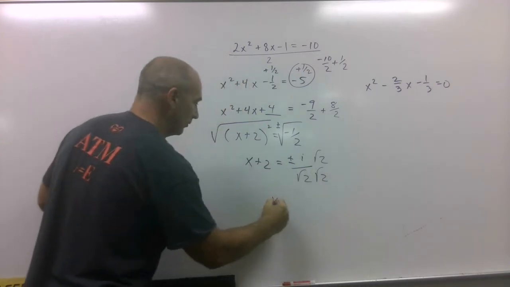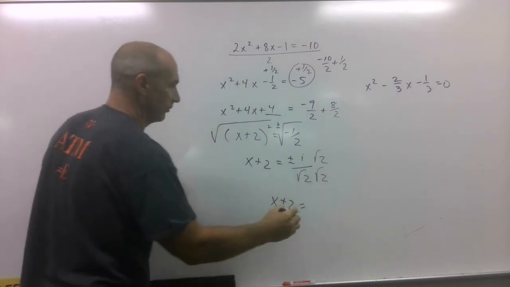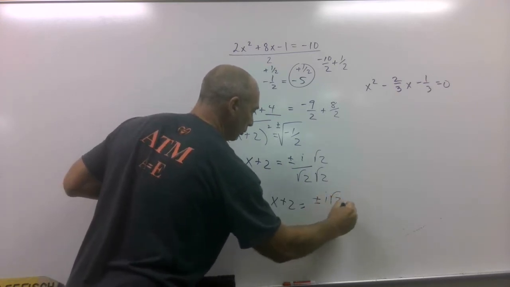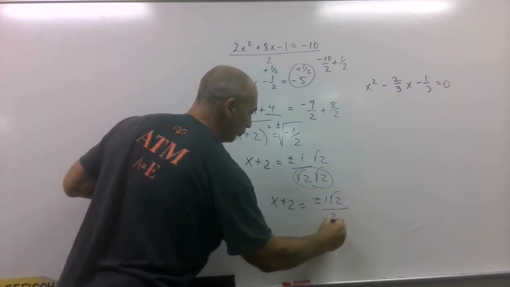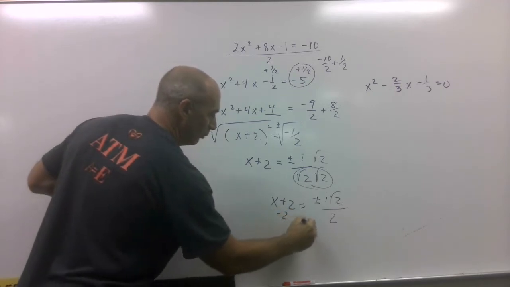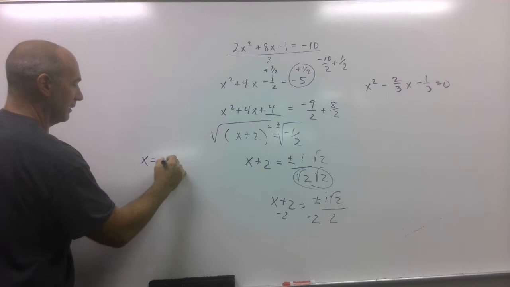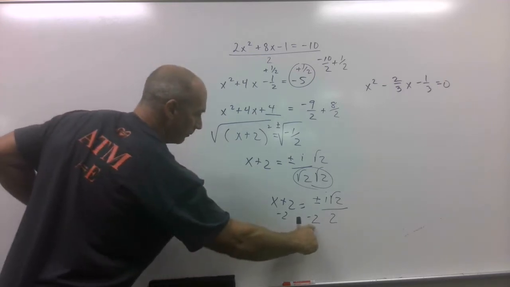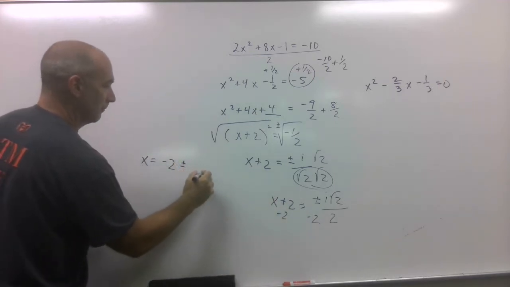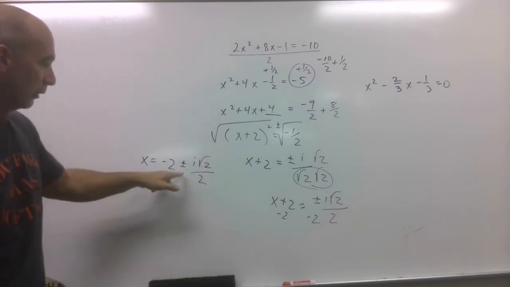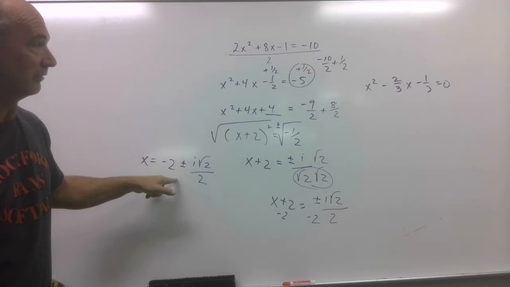So I get x + 2 = ±i√2/2. So I'm going to subtract 2 from both sides, and I get x is -2 plus or minus i√2/2. Weird looking answer. There she is.